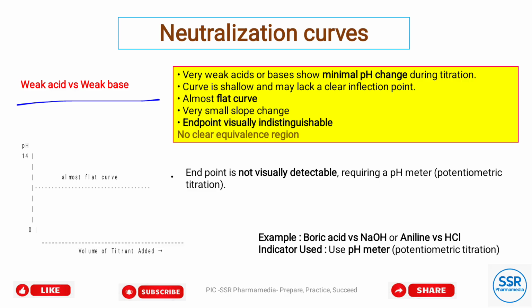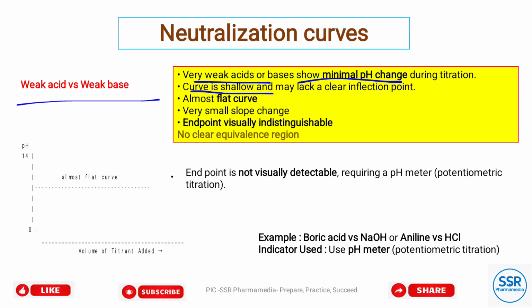Last type, neutralization curve, weak acid versus weak base. So very weak acids, for example acetic acid or boric acid, and very weak bases, for example ammonium hydroxide or aniline. There is minimum pH change during the titration.